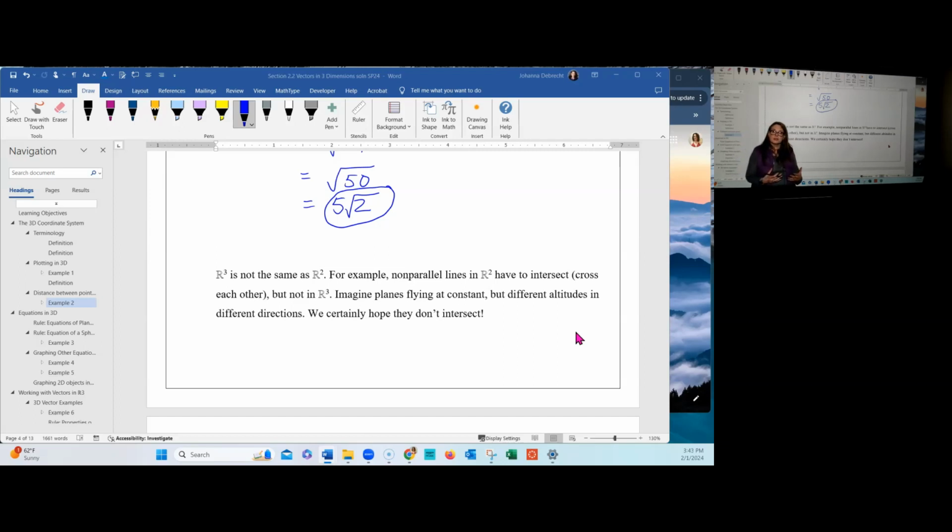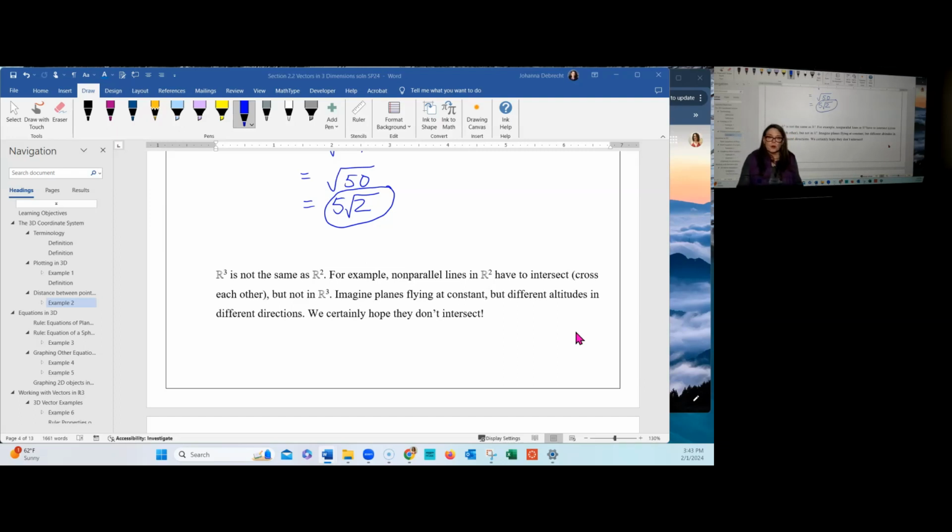That's the only possibility in 2-dimensional space. But in 3-dimensional space, that's not the case. In 3-dimensional space, we can have 2 planes flying at different altitudes along paths that one is above the other, but the planes don't intersect. So we have 2 lines, they're not parallel, but because one is at a different level than the other, they don't intersect.